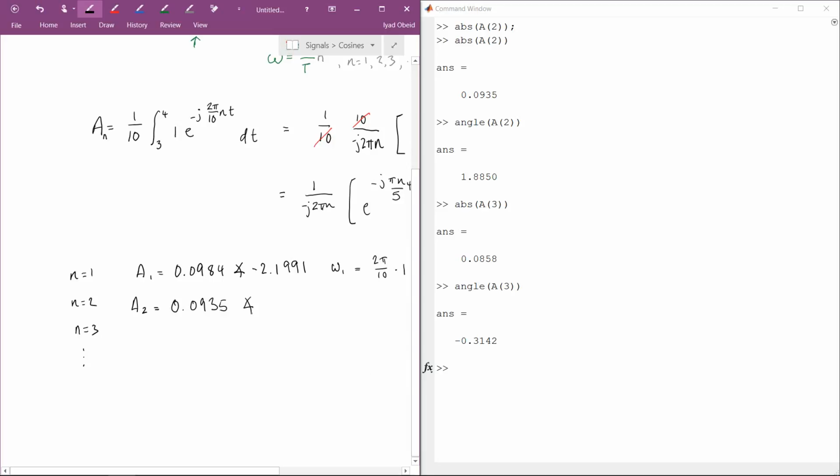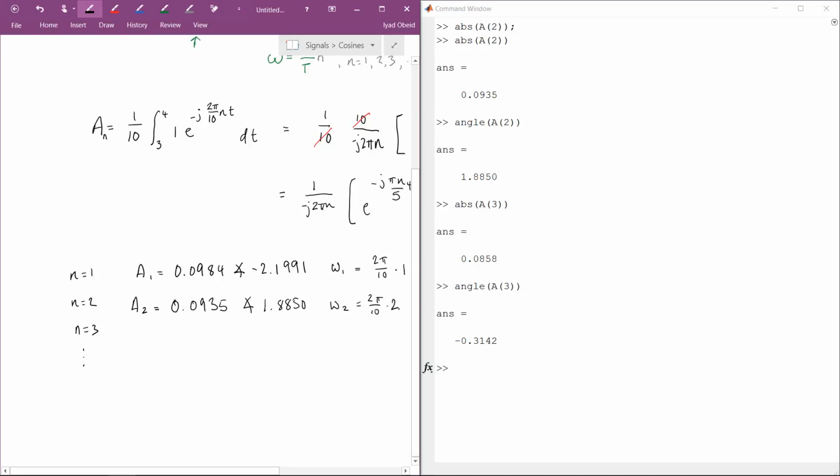angle 1.8850, and that's at a frequency of 2 pi over 10 times 2.